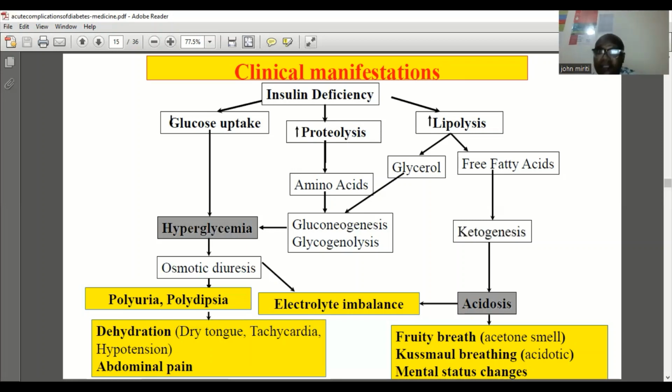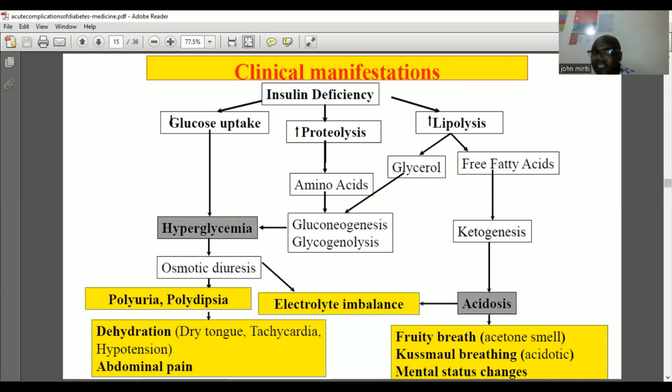On the other side, the patient can have increased proteolysis, breakdown of proteins, because of insufficient insulin. This is because of activation of the antagonistic hormones which work against insulin, like growth hormone, thyroid hormone, corticosteroids, and adrenal hormones. They will provoke this pathway.